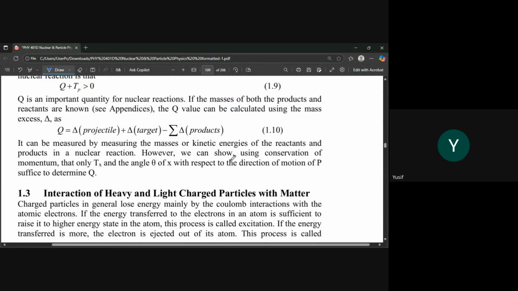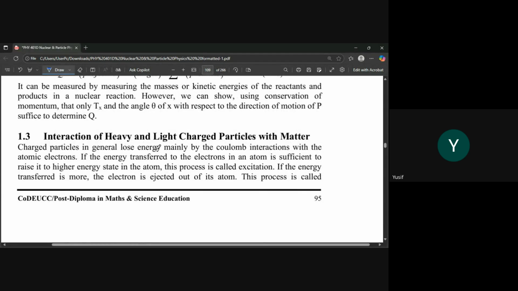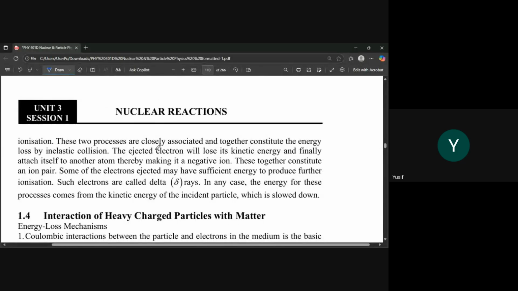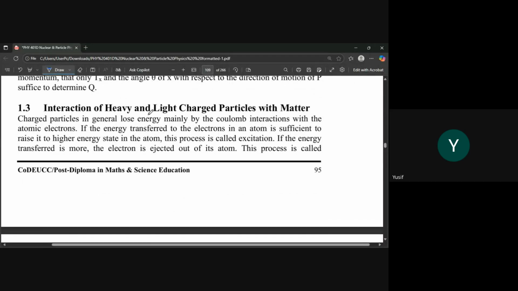So that is also all this session is talking about. Then we go to the interaction of heavy and light charged particles with matter. Ideally it's talking about how gamma rays and beta particles are produced, because when we have heavy atoms and want to split them, that is where we talk about nuclear fission.